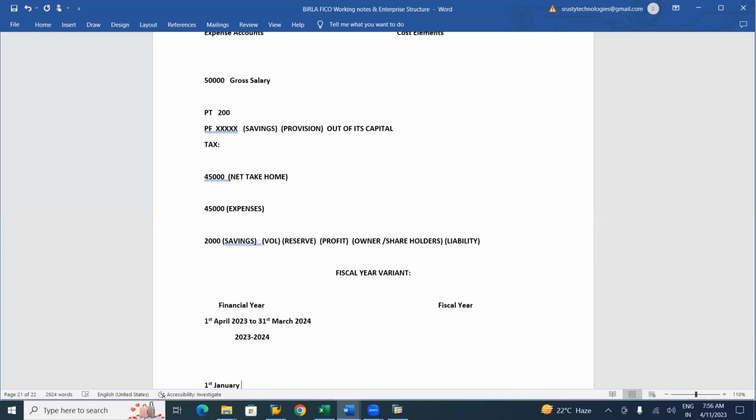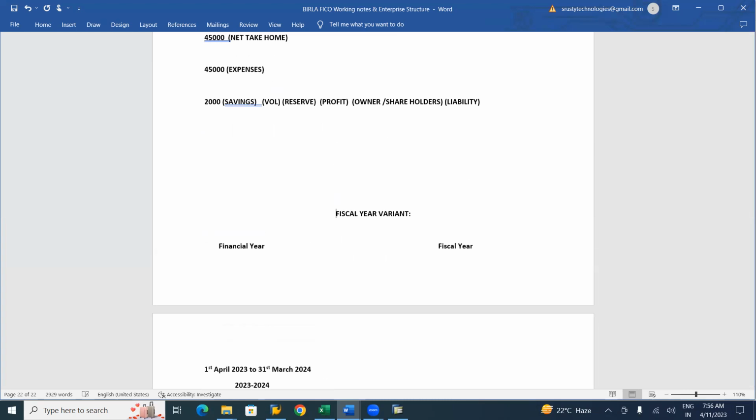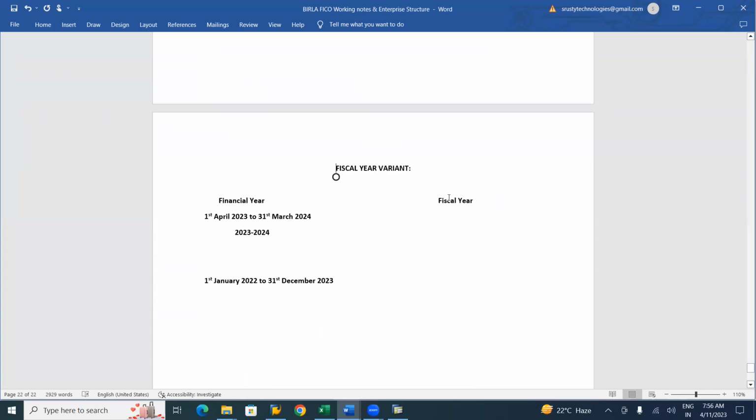January 2022 to 31st December 2023. So here they'll call their financial year the 2023 financial year, because they are not changing. This is called a calendar year.